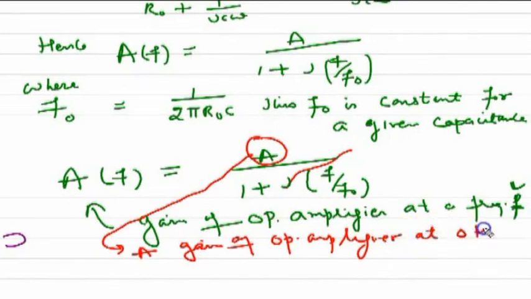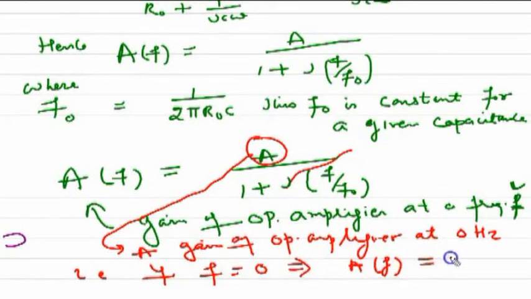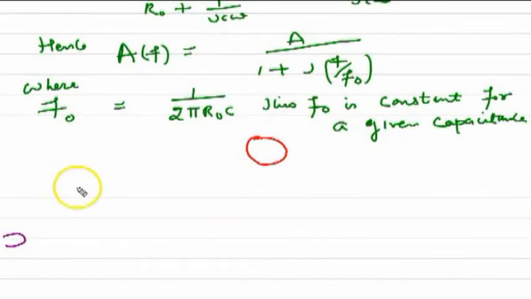And A F is now a function of frequency, because F is in the denominator. So now if we take F equal to 0, what happens? A F becomes equal to A. That means there is no difference between A F and A when the frequency equals 0.